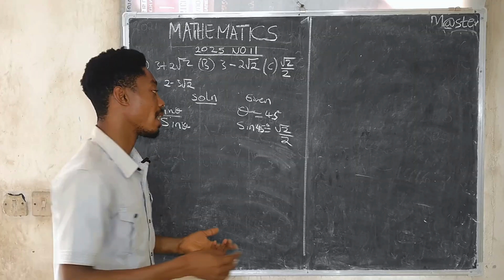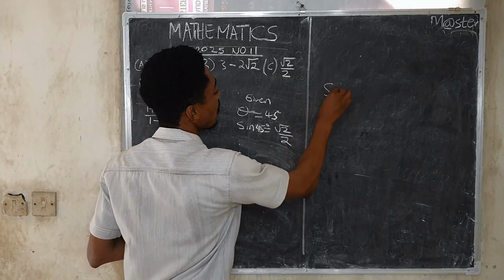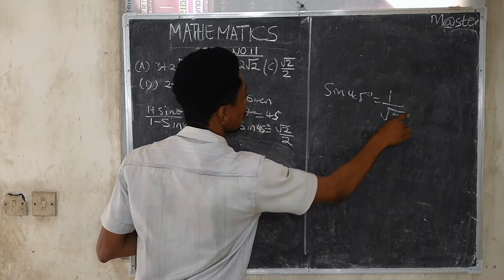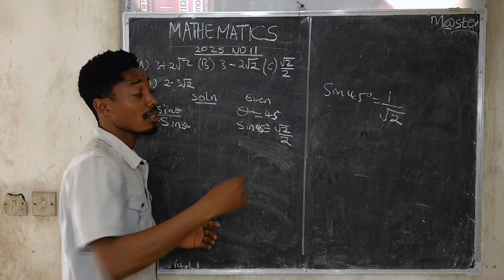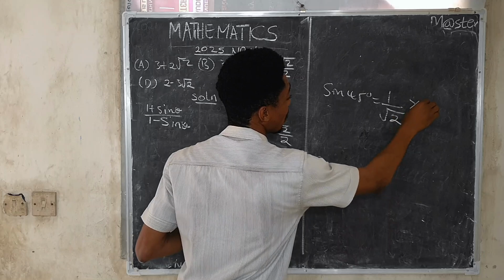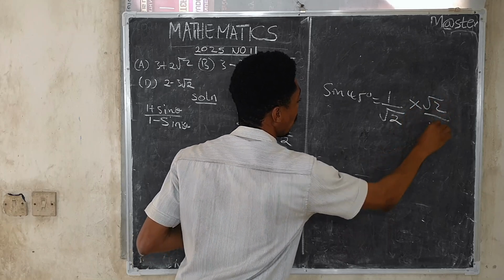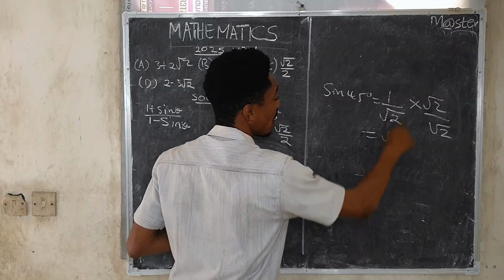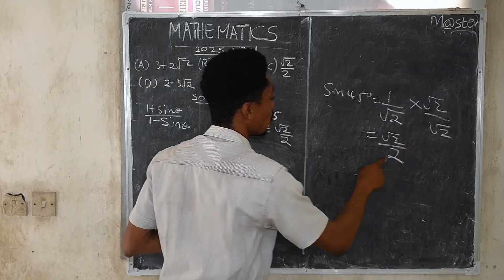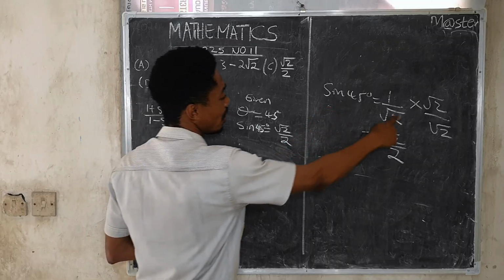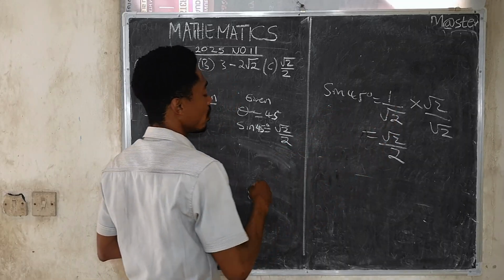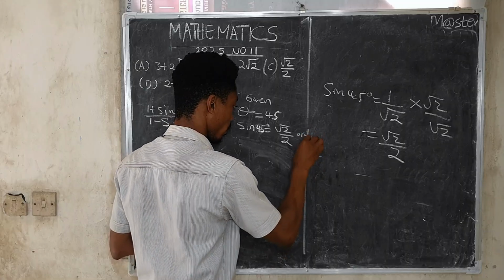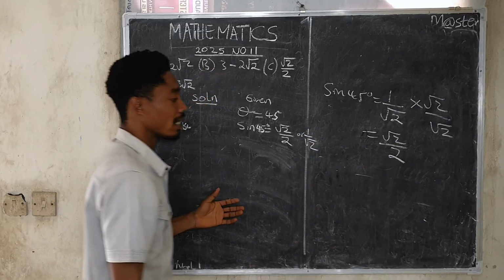Just in case you're still asking questions, sine 45 degrees, which we all know, firstly, is 1 over root 2 from its derivation. If I decide to rationalize by multiplying the numerator and the denominator by root 2, 1 times root 2 is root 2, and root 2 times root 2 is 2. So sine 45 degrees is root 2 over 2.